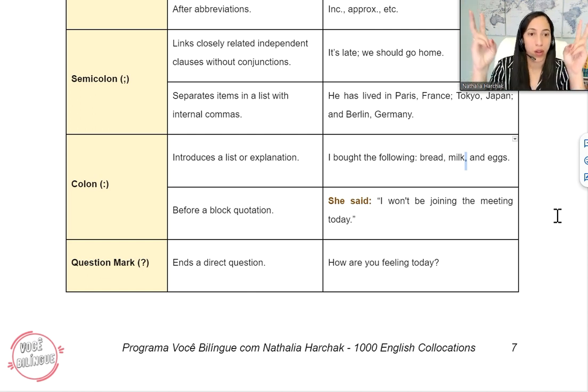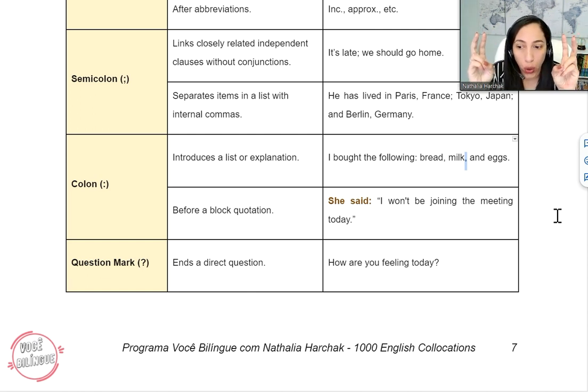Quotation marks. You usually have them whenever you repeat something that somebody said and you want to keep the statement in its original form. So imagine somebody says, "I won't be joining the meeting today."